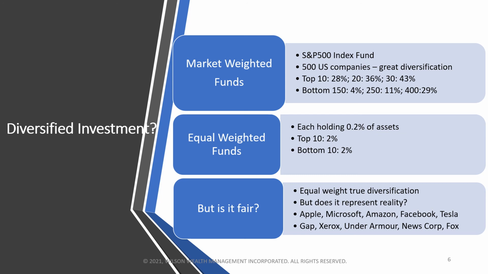And I think the other thing I'd say is if you are looking at any mutual funds, actively managed funds, always take a look at the top 10 holdings and the top 30 holdings. That'll give you an idea in an actively managed fund how much weight is in the top 10 or the top 20 or the top 30 investments.